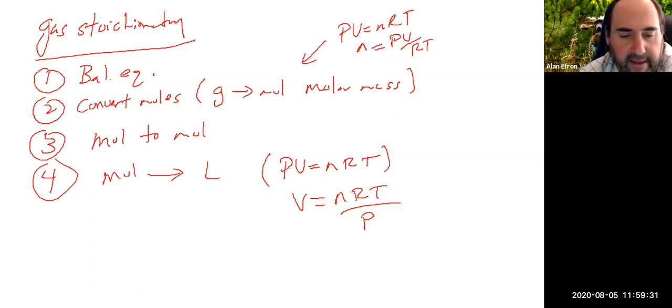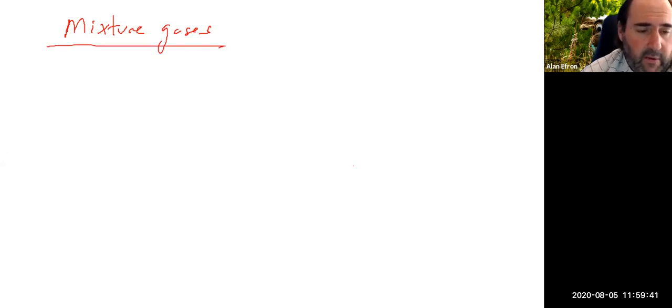Now, in terms of gases, we also talked about mixtures of gases. When we have multiple gases in one container, the nice thing is the volume is going to be the same and the temperature is going to be the same for all of the gases flying around in there.